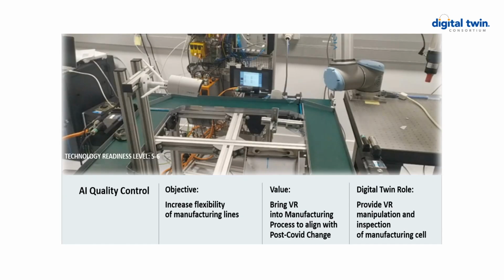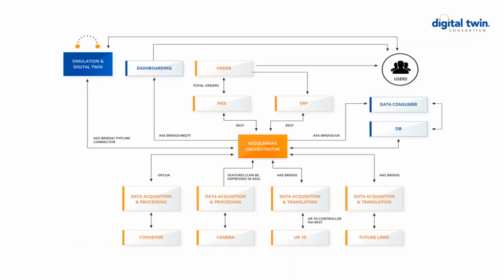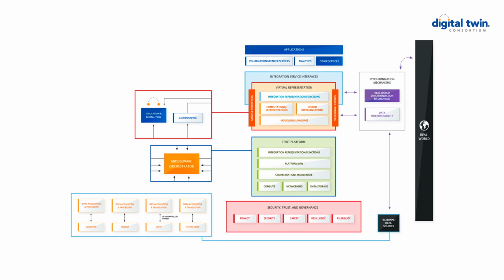We do this looking at quality control and manufacturing lines. Again, another example where we pull out the key elements, particularly looking at the processes for acquiring data, because that was one of the key challenges in this example, along with the orchestration of all those systems.